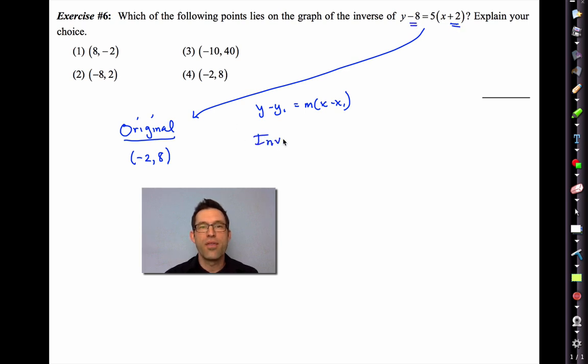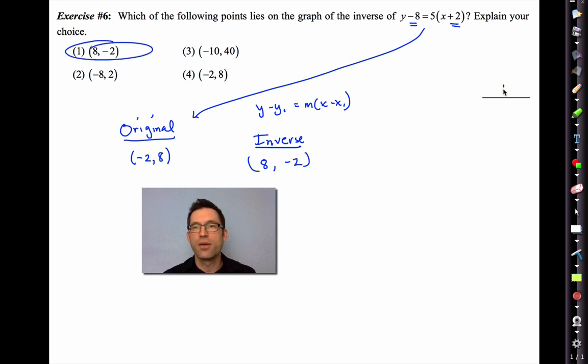Now, that means the inverse must have these two flip-flopped. The inverse must contain the point 8, -2. And there it is. All right, that's a little tricky because what it means is I've got to be able to look at that point-slope form, read off the point, negative 2 comma 8, and then flip them to get the correct point.